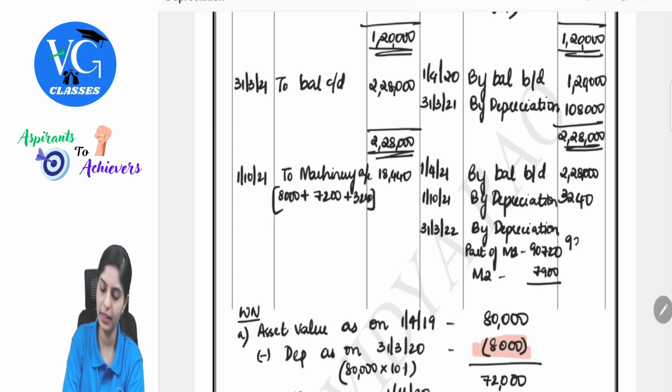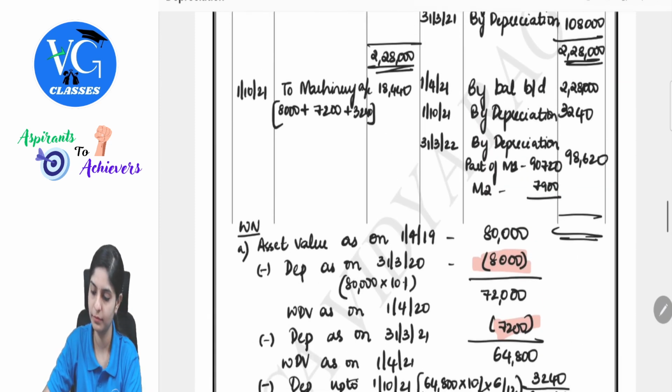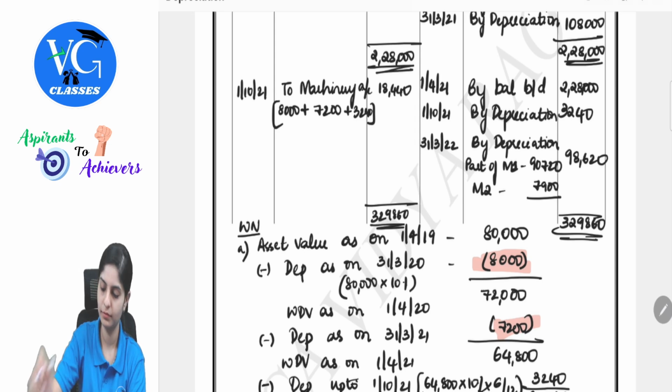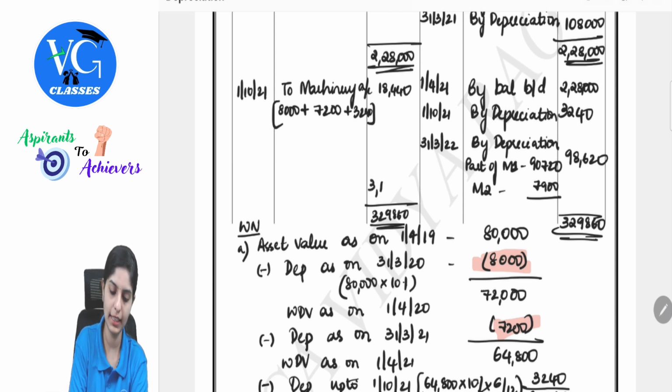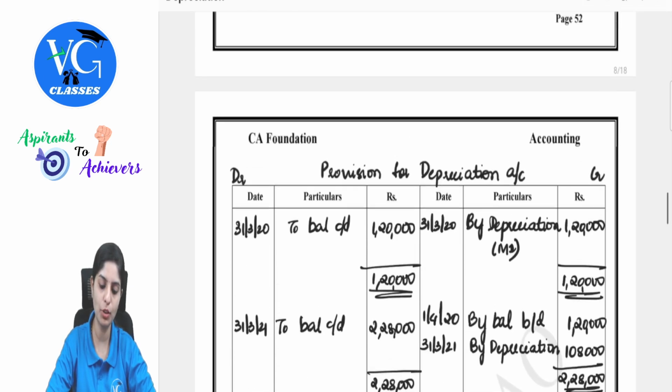This will be 98,620. Three lakh 11,420 to balance carried down, 31st March 2022.